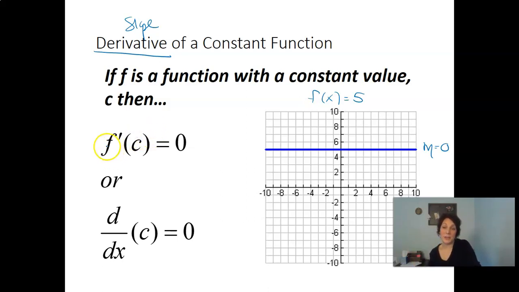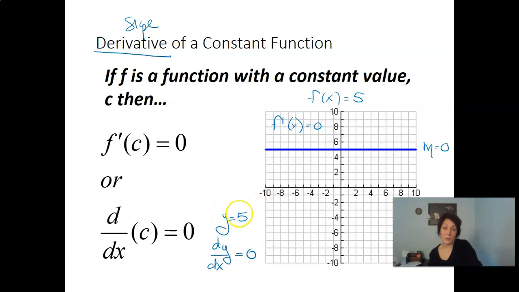Notice here we have both notations. Here's your prime notation. So if I'm given f of x is equal to 5, I can write f prime of x is equal to 0. Or if you're given y equals 5, down here, you can report that dy dx is equal to 0.